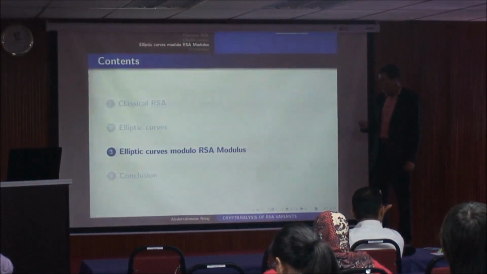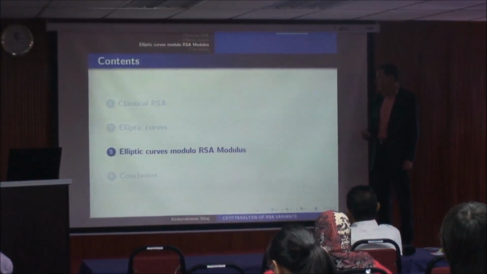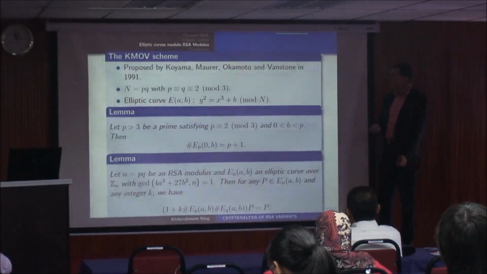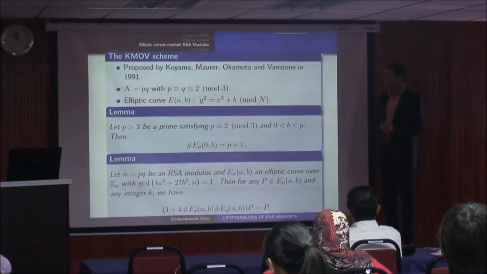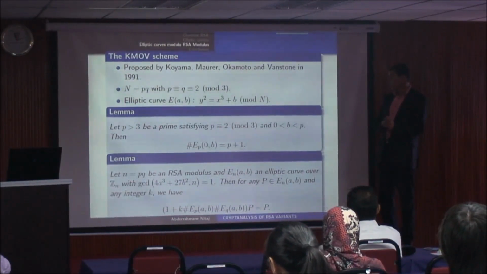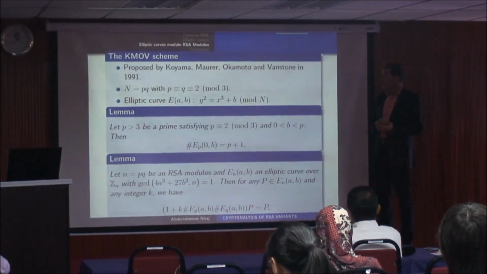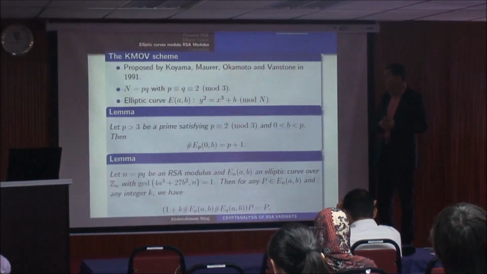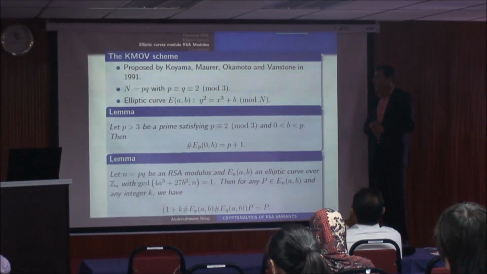Okay, now I'm going to talk about some elliptic curves through some examples. For example, we have an example of a system mixing RSA and elliptic curves. This system is called the KMOV scheme, and was proposed by Koyama, Maurer, Okamoto, and Vanstone in 1991.